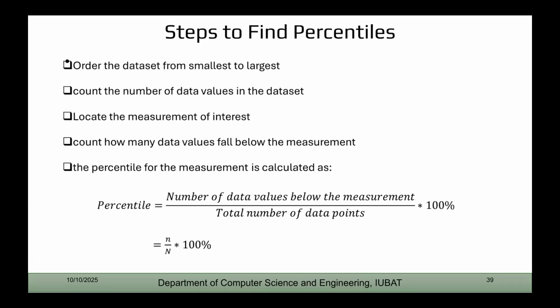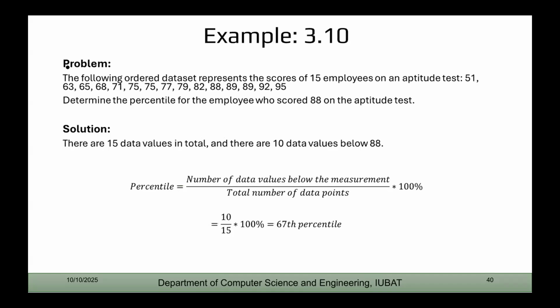So remember step number 4: count how many data values fall below the measurement. Whatever measurement you have picked, you need to count how many data values lie below that measurement. The same thing we are doing here. We have found that 10 values are below 88.